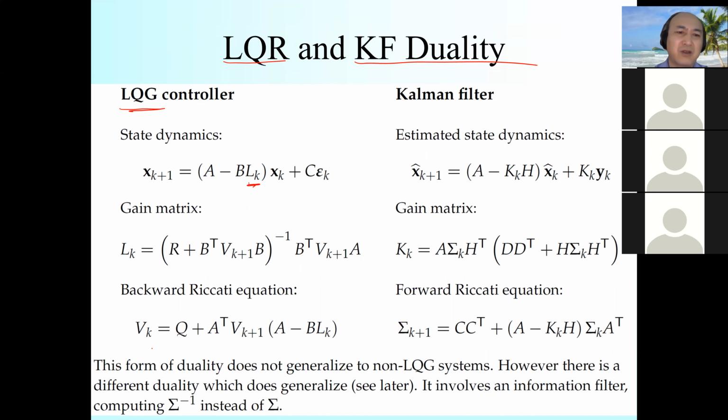This is a backward Riccati equation, but they are using a forward Riccati equation here. You have to assume some Gaussianity. There are more advanced topics beyond this duality, but otherwise everything is similar.